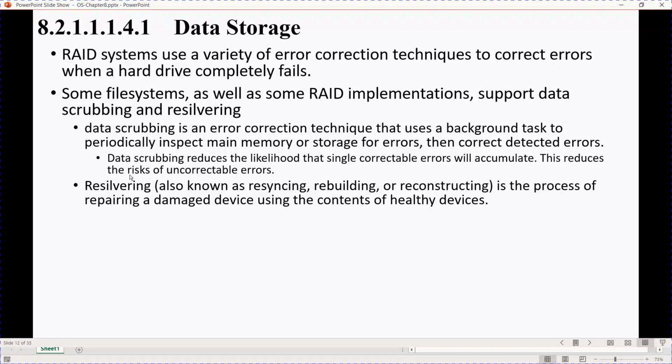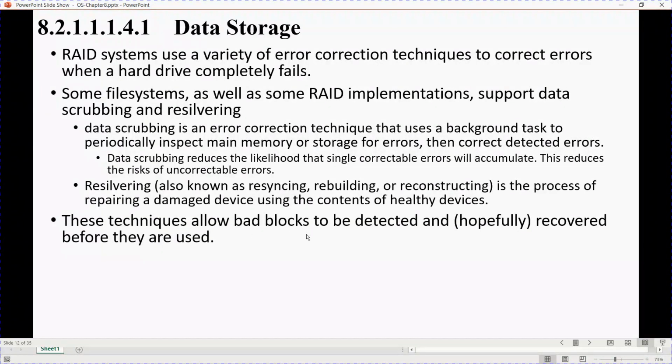It cuts down on the risk of uncorrectable errors. Resilvering, or resyncing, or rebuilding, or reconstructing, is the process of repairing a damaged device using contents of healthy devices.